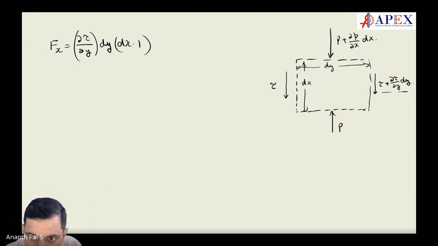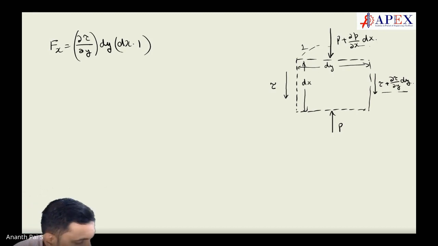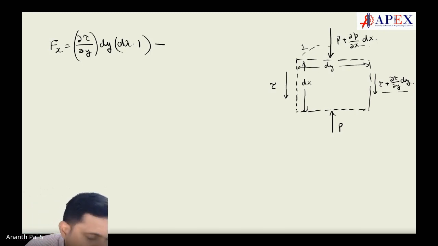So the volume here, this is 1 here, dx into 1, minus dou p by dou x. P is pressure. We always use p as small, right? So let us use p as small. dp by dx into dx into dy into 1 because 1 is here.